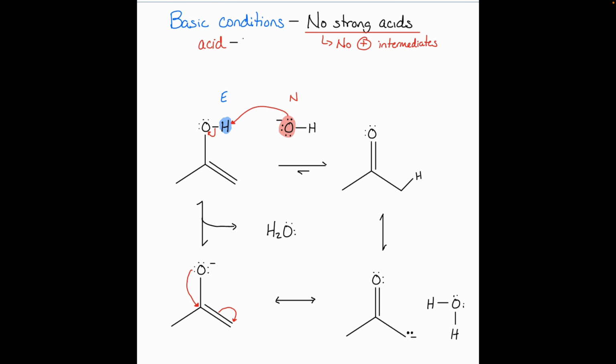Our acid is that weak acid, water. And we can notice that we produce our hydroxide ion, again, our basic catalyst. So that hydroxide ion was not consumed throughout the course of this reaction.